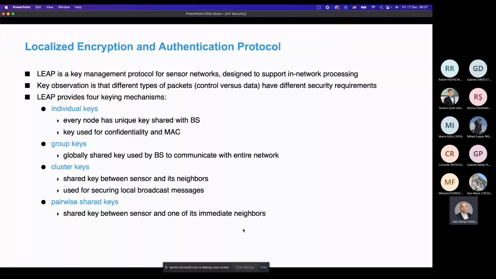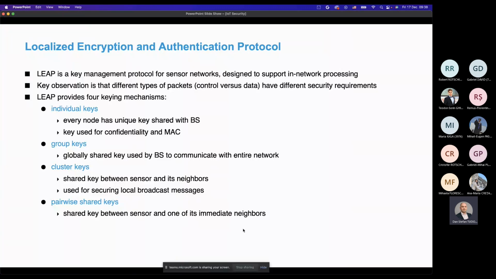So a simple single keyring mechanism may not be suitable for meeting these different requirements. And while authentication may be needed for all types of packets, confidentiality may be only required for certain types of messages. So, for example, you can have aggregated sensor readings which require a high degree of confidentiality.